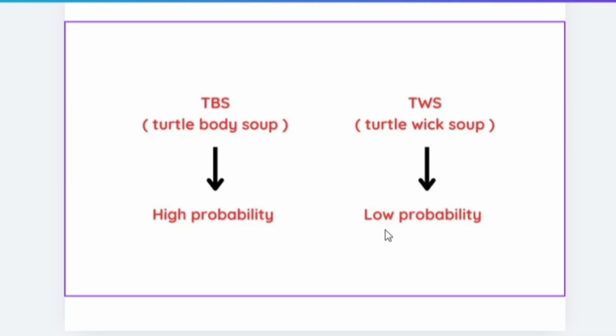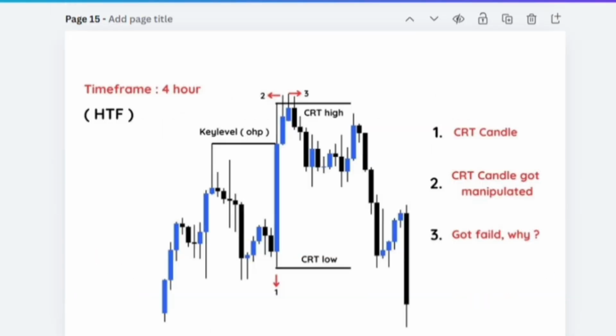Listen, you can trade the two of them, but the turtle body soup has a high probability, while the turtle wick soup has a low probability. You can differentiate and know the difference between what I just said. Do you understand? Okay, let's continue.